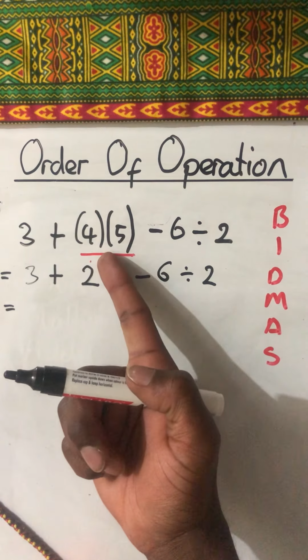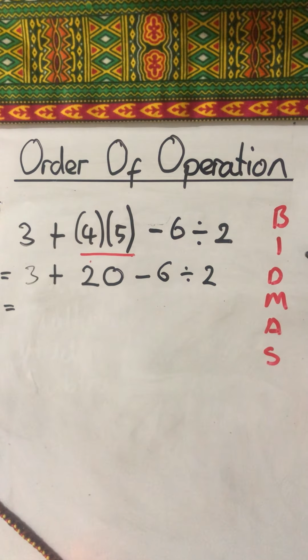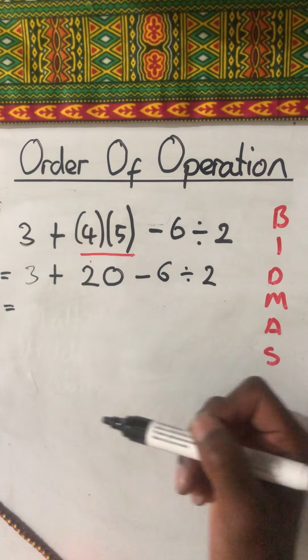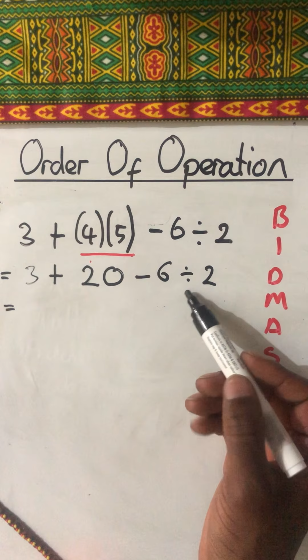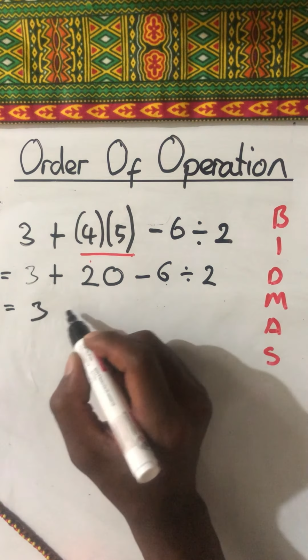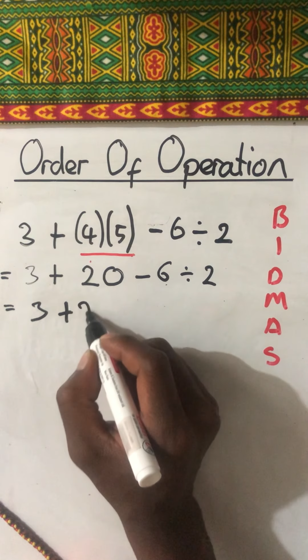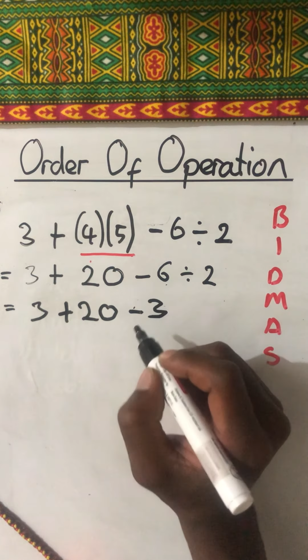We've solved the brackets. Do we have any indices? No. So we move on to division. We have a division sign here, so it's 6 divided by 2, which gives us 3 plus 20 minus 3.